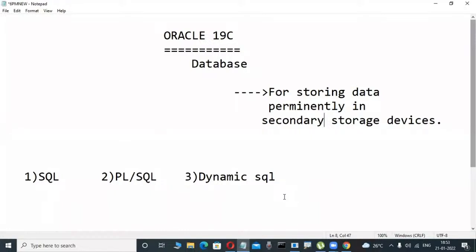ETL developers always need subqueries, joins, materialized views, indexes, partitions. Analytical functions like rank, dense rank, lag and lead, some knowledge is required. And PL/SQL stored procedures.